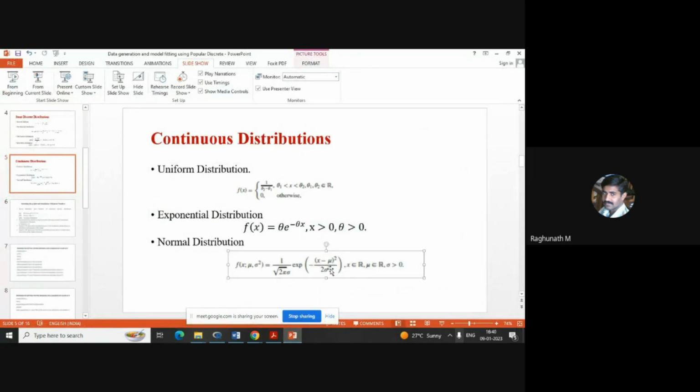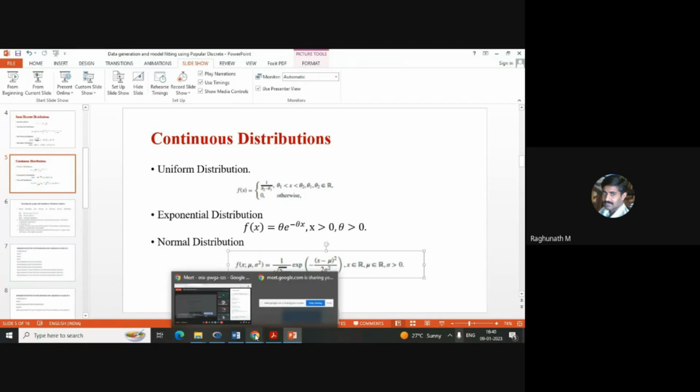One is mu, which we call a location parameter, and another is a scale parameter sigma, which I have to define. If mu equal to 0 and sigma equal to 1, we call that distribution a standard normal distribution. Now let us see how that mu equal to 0, sigma equal to 1 looks.